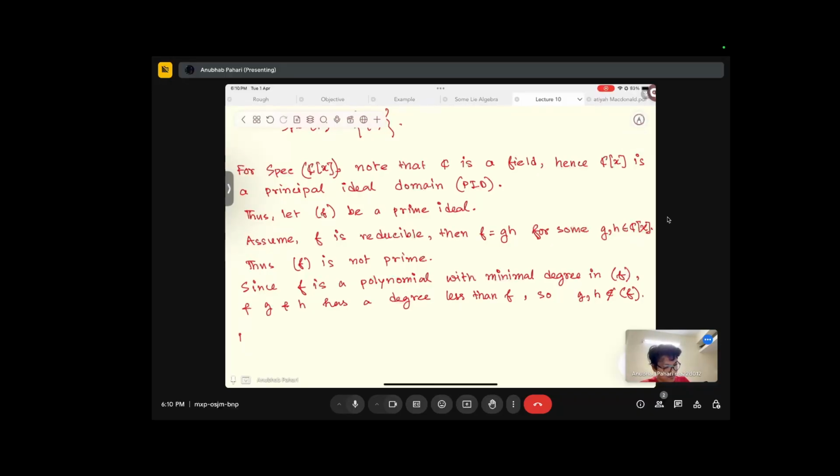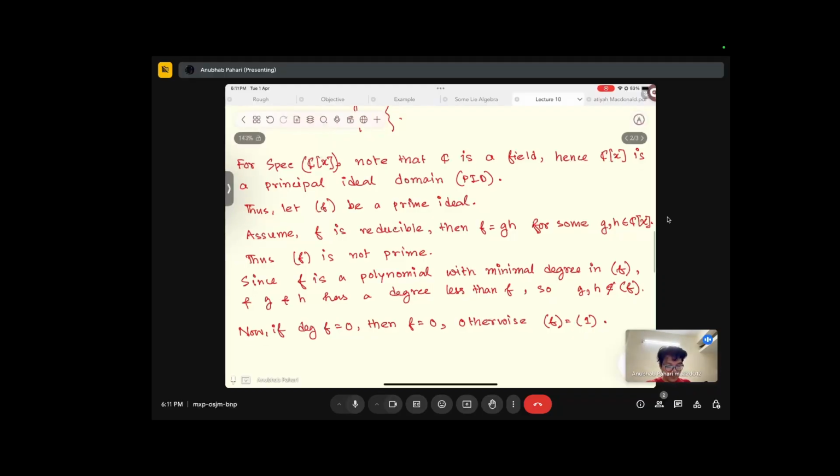Now if degree of f equals 0, then f equals 0, otherwise f should be 1, right? Because otherwise it would be a unit element, and a unit element produces the trivial ideal, right? So you're done.